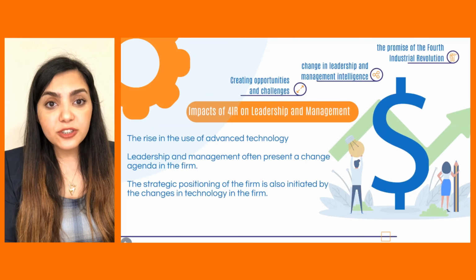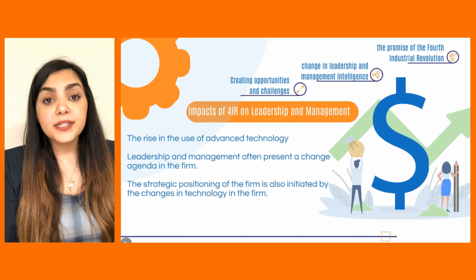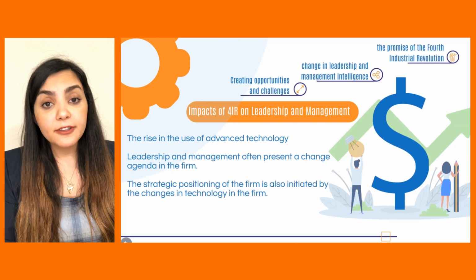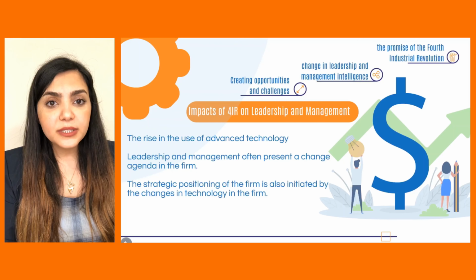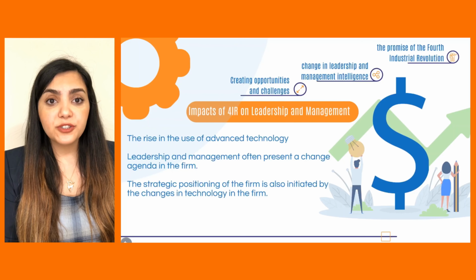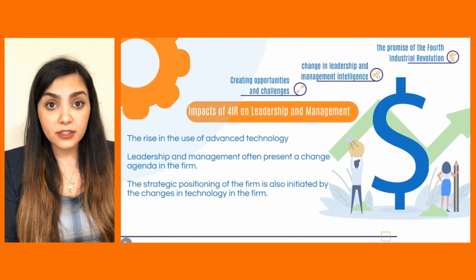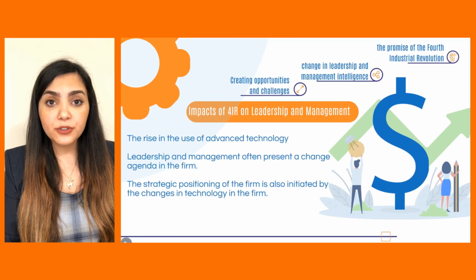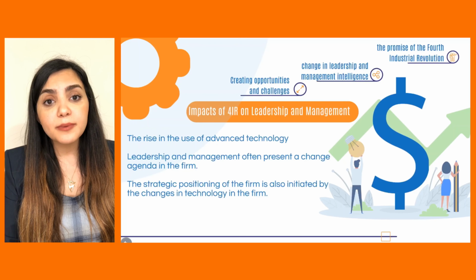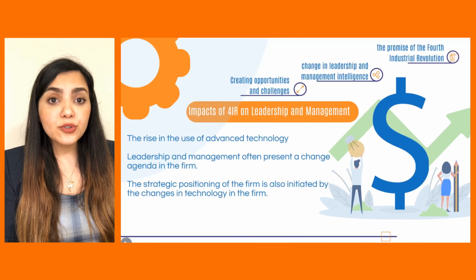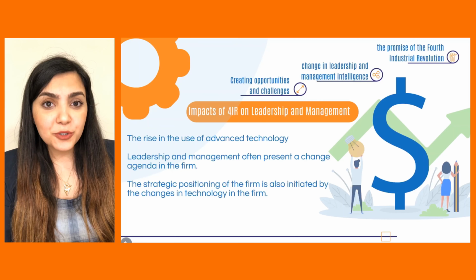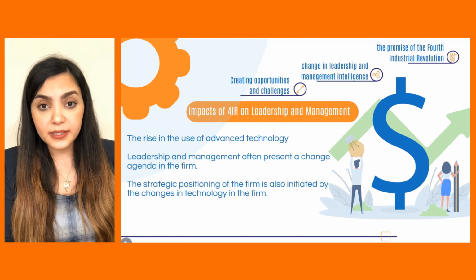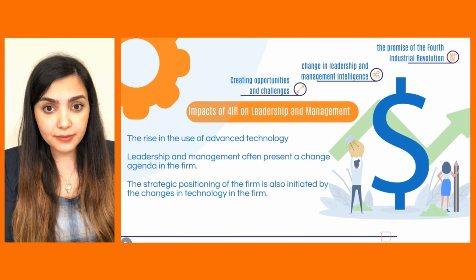The leadership and management often present a change agenda in the firm. The strategy positioning of the firm is also initiated by the changes in technology in the firm. Therefore, the impacts of the Fourth Industrial Revolution on leadership and management approaches, including creating opportunities and challenges, will be discussed in the next slide.